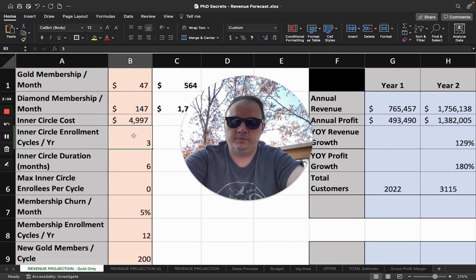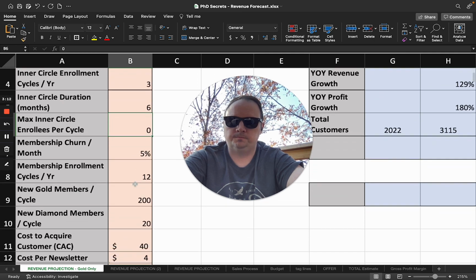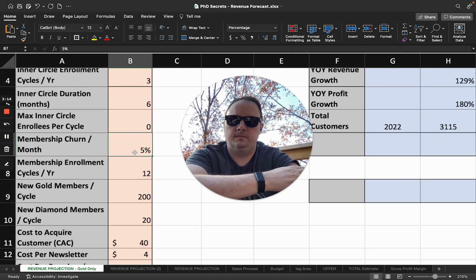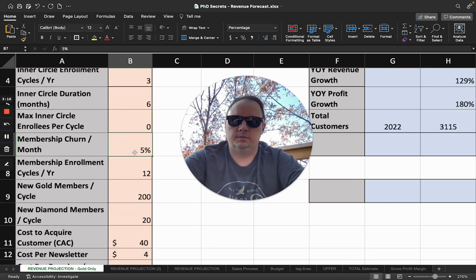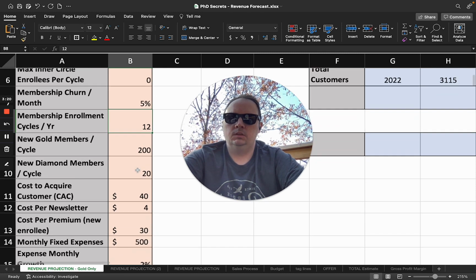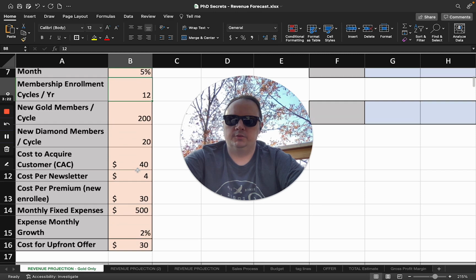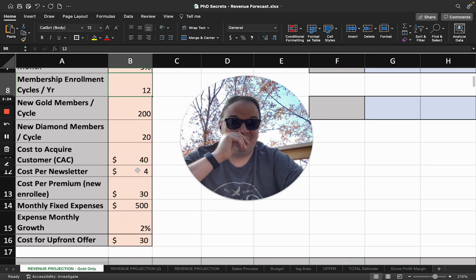Inner circle costs $5K, but I'm just leaving that off in these calculations, so max of those inner circle members is 0. Membership churn 5%, meaning how many people month to month are canceling their subscription. Membership enrollment cycles per year 12, so assuming still getting members every month.